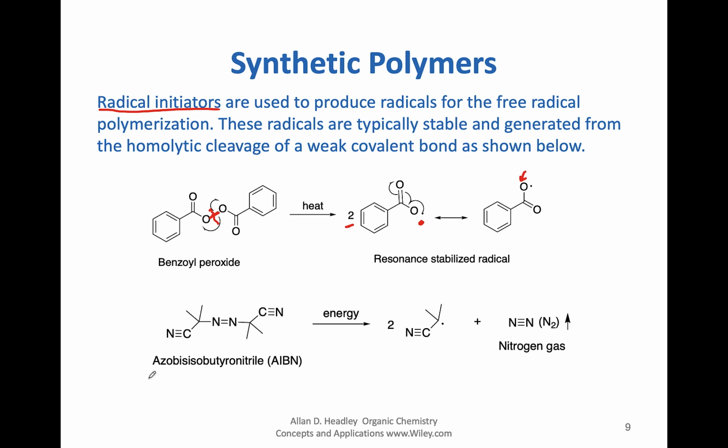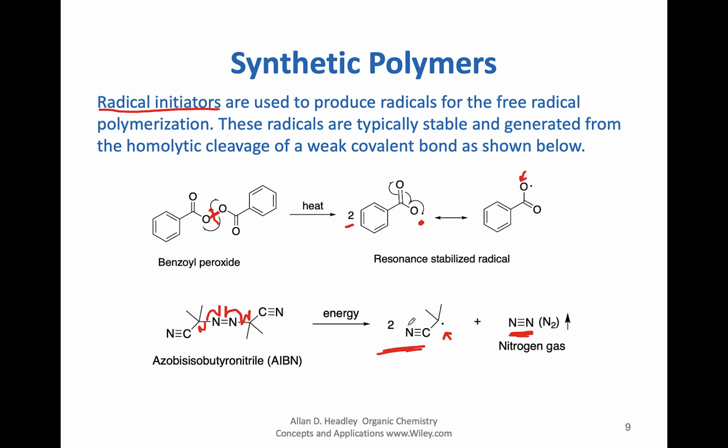Here's another one, AIBN, azobisisobutyronitrile. As you can see here, in the presence of heat, just a small amount of heat, this bond here breaks. Put electron here, put electron here. You recognize that to be nitrogen, and another electron goes right over here, and another one goes here to form two of these radicals.